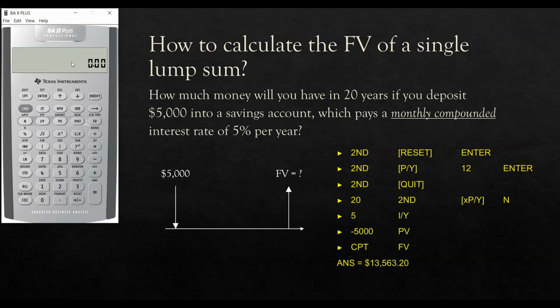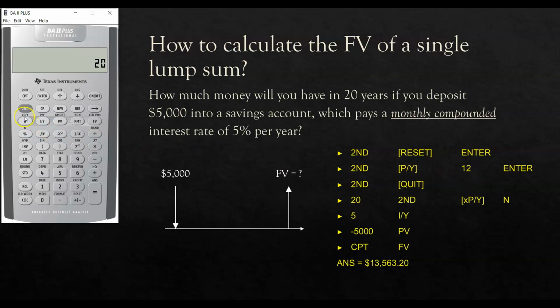And then what I want to do is go from my N. I usually go from the very left-hand side, right? So here, my N, I have 20 years. But remember, in this case, you're talking about how many months you have because you're doing monthly compounding. So I want to take 20, multiply by whatever number I put in as P/Y. In this case, it's 12.